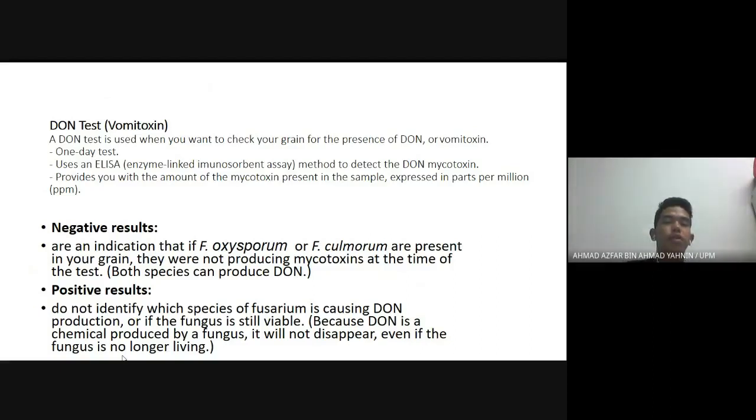Next, for the positive result, it does not identify which species of Fusarium is causing DON production, or if the fungus is still viable, because DON is a chemical produced by a fungus. It will not disappear even if the fungus is no longer living. Okay, next.